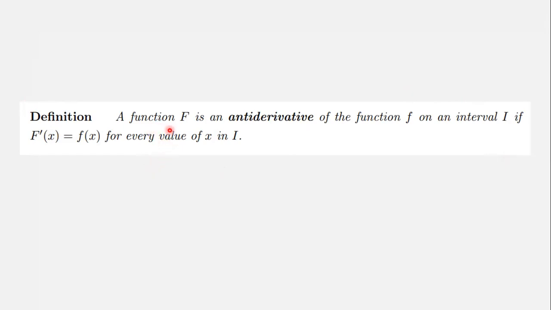Again, a function capital F is an antiderivative of the function small letter f on an interval I if F prime of x is equal to f of x for every value of x in I.